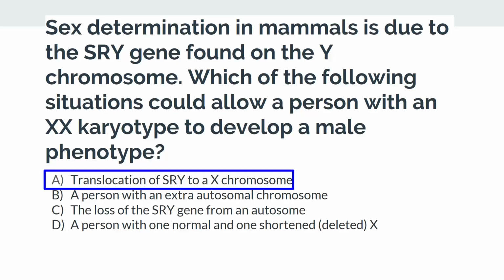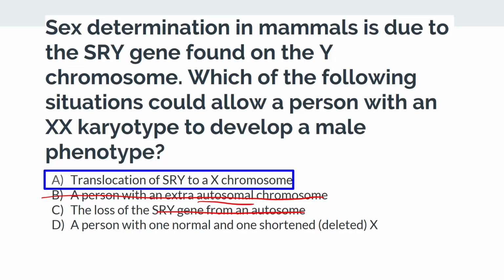If you're having a hard time wrapping your head around that one, try and cross the rest off. How would an autosomal chromosome even affect sex? What is the definition of autosomal? Non-sex chromosome. So that just can't be done, right? The loss of the SRY gene from an autosome: first of all, the SRY gene's not even on an autosome, but second of all, losing the SRY gene is not going to make you male. It's adding it that makes you male.